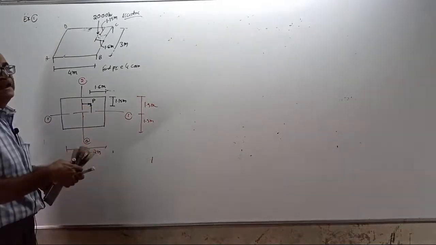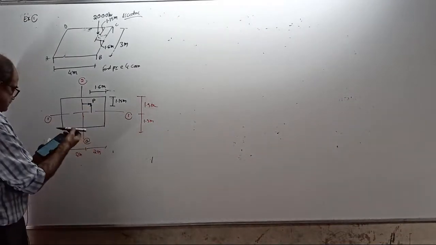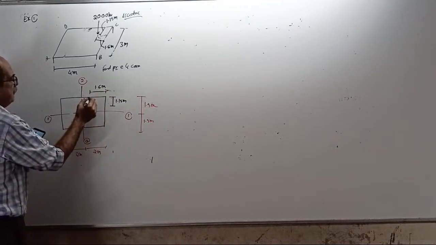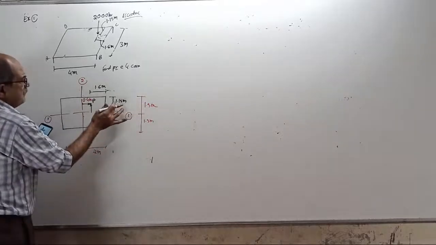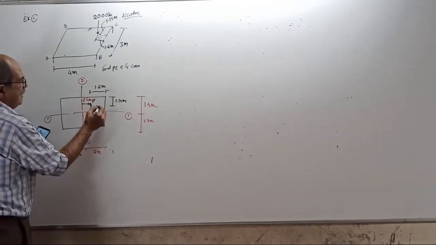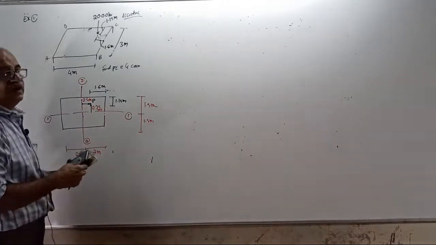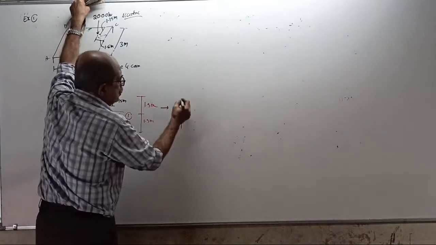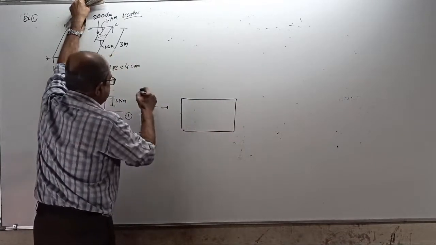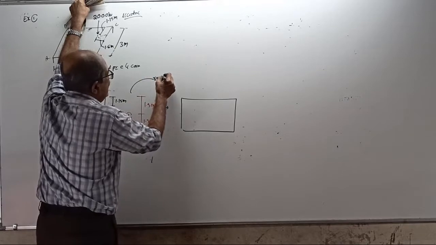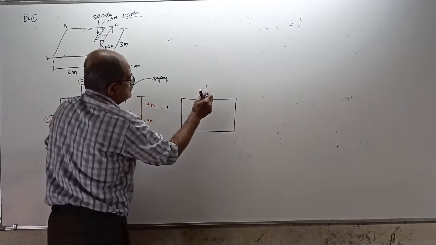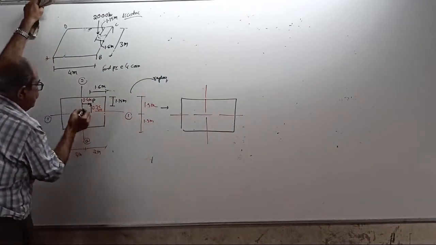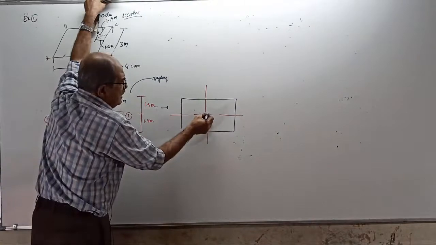I want these distances in red color. From 2, subtract 1.6. This is 0.4 meter. From 1.5, subtract 1.15. This is 0.35 meter. Now the load acting here can be brought here, load acting through CG.